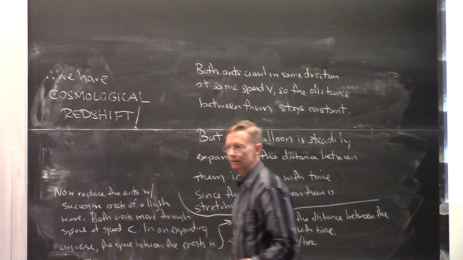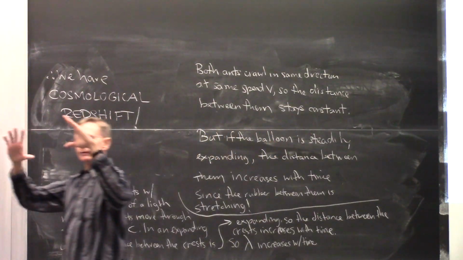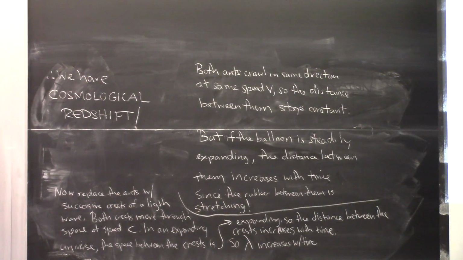And that is what we're observing when we see galaxies redshifted. It's really cosmological redshift. It's the fact that photons increase in wavelength as they travel through an expanding universe. That's what we're seeing.